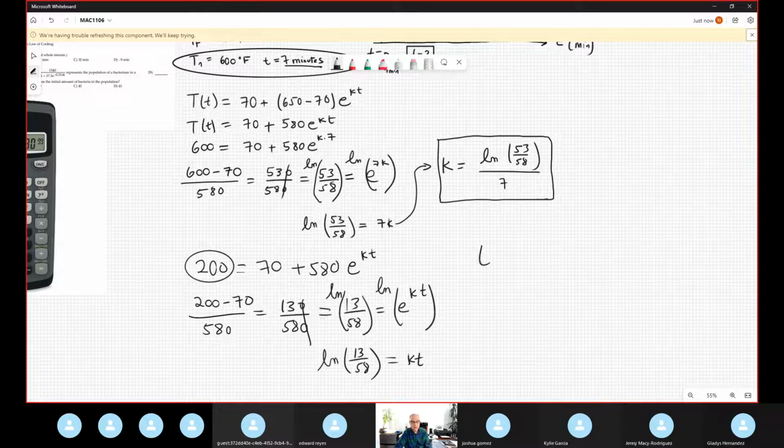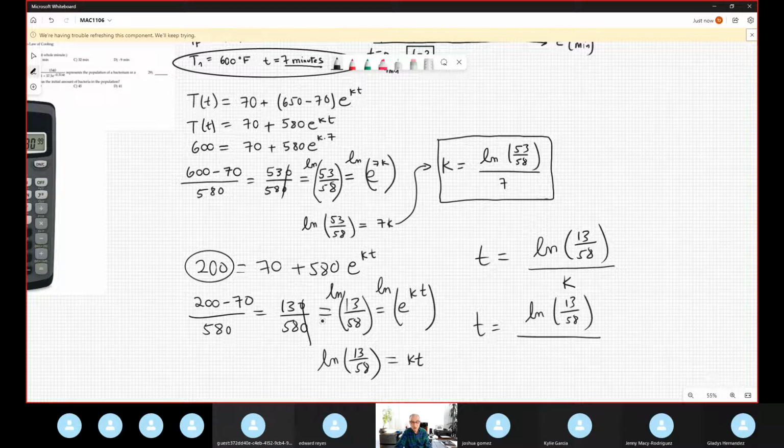So t is equal to natural logarithm of 13 over 58 divided by k. Now who is k? This is k. And my final answer is t equal natural logarithm of 13 over 58 divided by k, but k is a fraction.